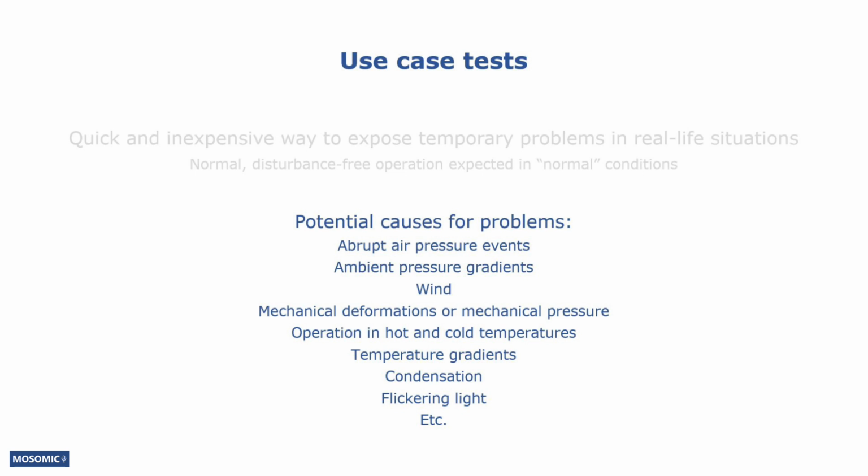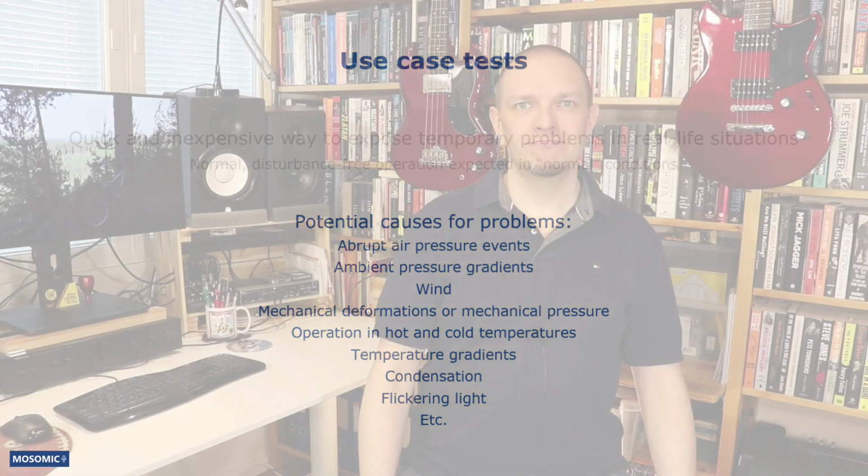Many of the use cases and phenomena have been added to the list of tests at some point in the history of MEMS microphones, based on practical experiences with issues that have risen. The idea is that the microphone should operate in conditions that are considered normal without degradation in sound quality, disturbances in the signal, or significant changes to its key parameters such as sensitivity.